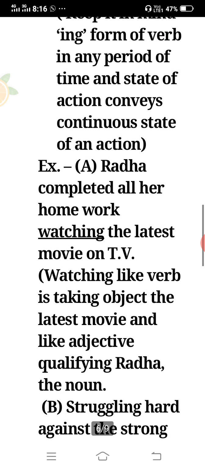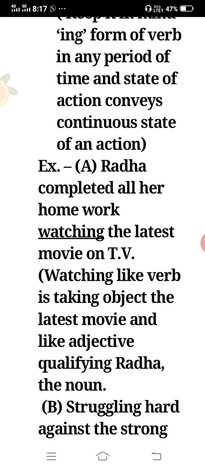See, here the participle form is watching, and this watching, on one hand, qualifies the noun Radha, so it becomes an adjective, and like the nature of the verb, it is taking the latest movie as an object after it. So it is functioning both as an adjective and as a verb.